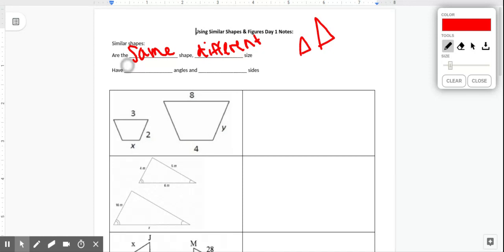Okay, have congruent. I'm going to rewrite it over here so y'all can see how to spell it. C-O-N-G-R-U-E-N-T, congruent.